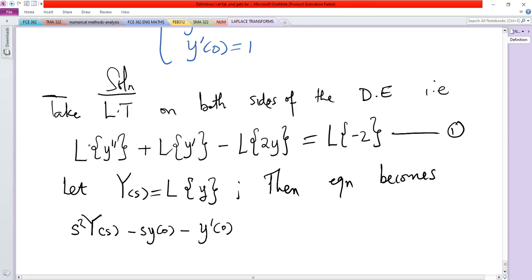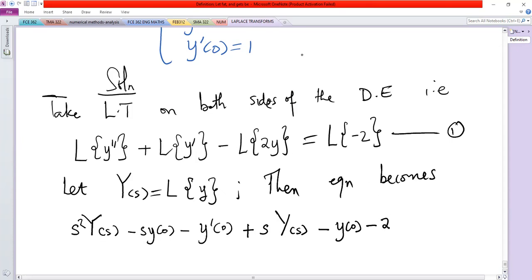And this one is given by s capital Y of s minus y at 0. And then this one, we can write as minus 2.